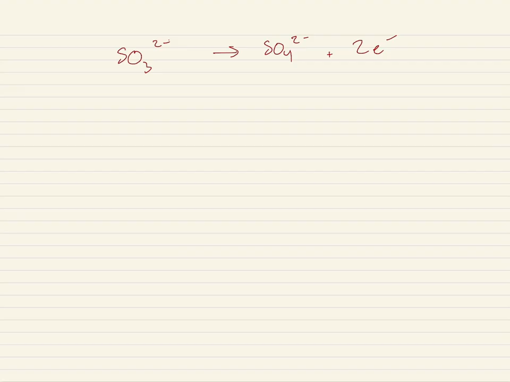So what is our oxygen deficient side, the left or the right? The left side, right? This is our oxygen deficient side. And the reason I say it's our oxygen deficient side is because we only have 3 oxygen atoms there and 4 oxygen atoms on the product side.